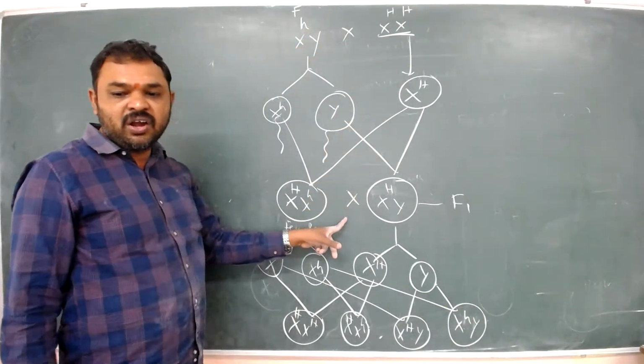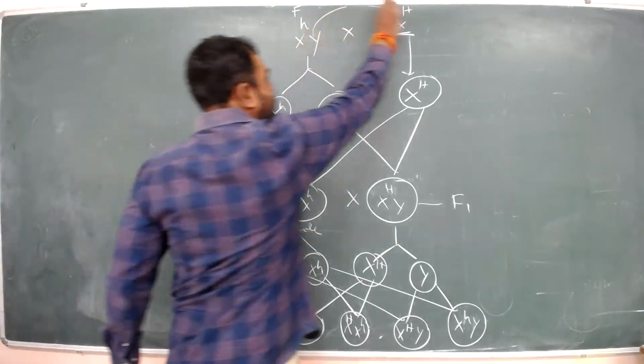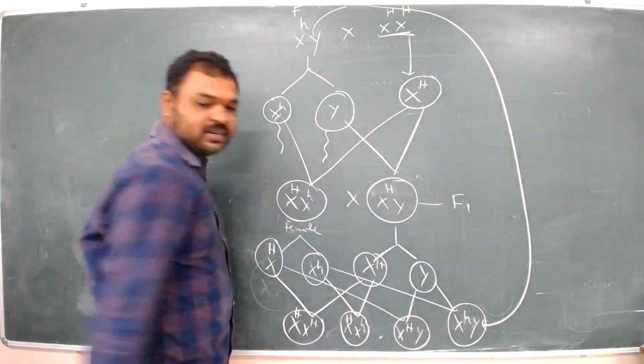A cross is made between hemophilia father and normal mother, then the F1 generation is not impacted. Where is it impacted? The F2 generation: the grandson is impacted.